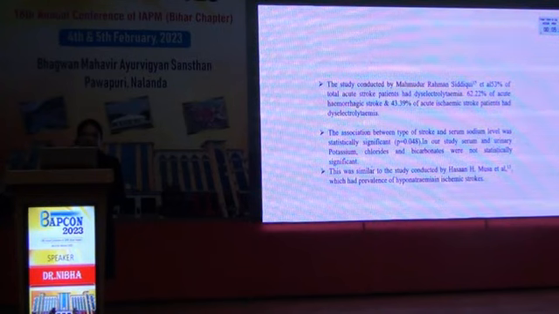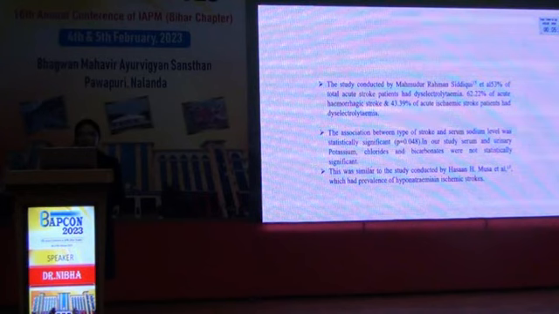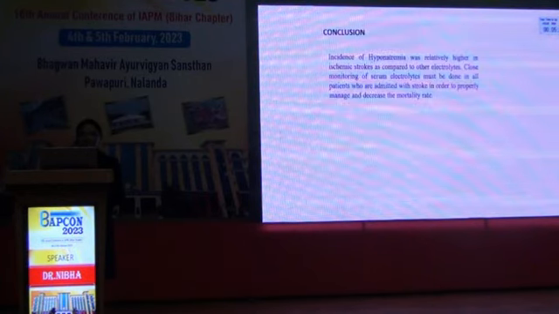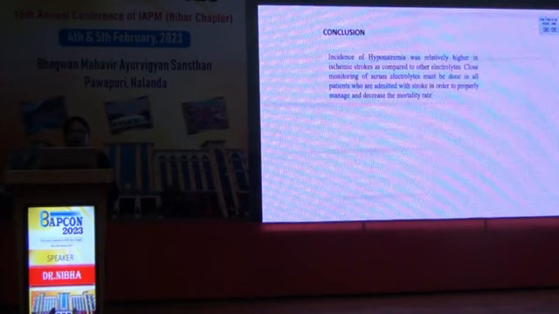In our study, serum potassium, chloride and bicarbonate were not statistically significant. This was similar to the study conducted by Sun, which had a prevalence of hyponatremia in ischemic strokes. Conclusion: incidence of hyponatremia was relatively higher in ischemic stroke as compared to the other electrolytes.